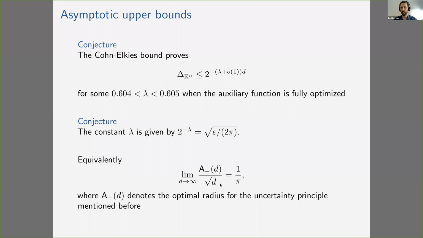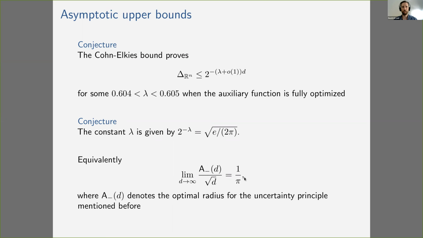And this grows roughly as root d. So if you look at this limit, this goes to a number. And this conjecture is equivalent to saying that this number is 1 over pi, which is much more reasonable. Of course, we have a stronger belief in the first conjecture than this one, but this would be very nice if it were true.